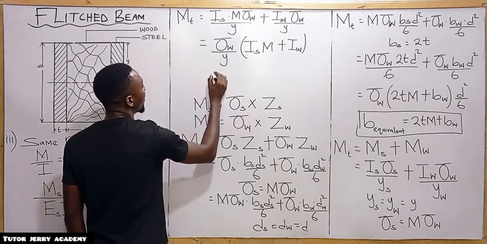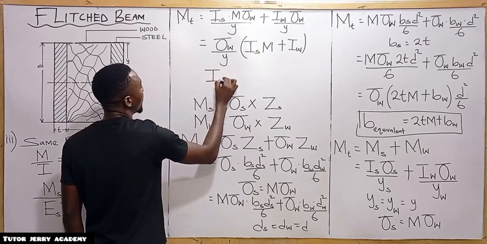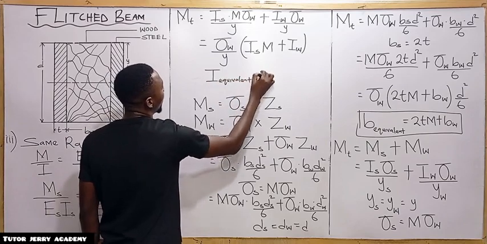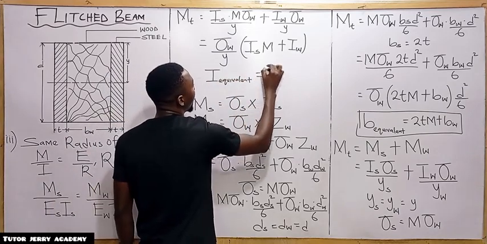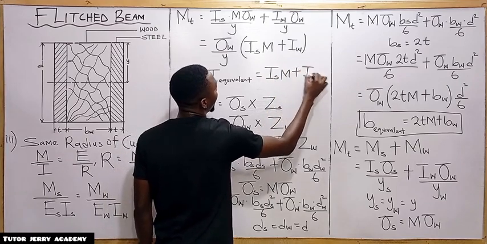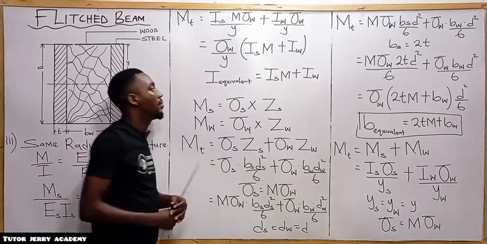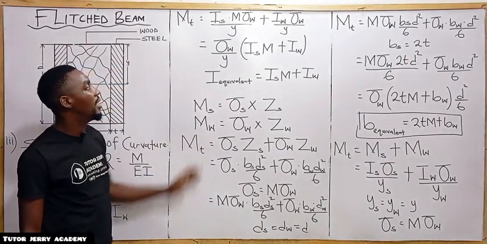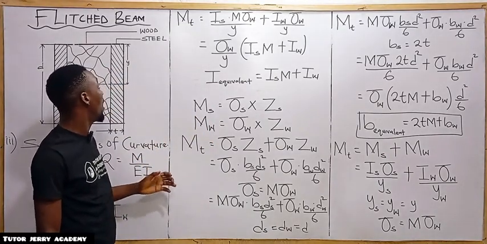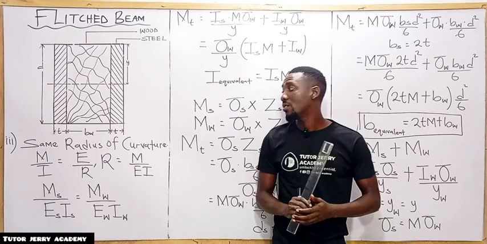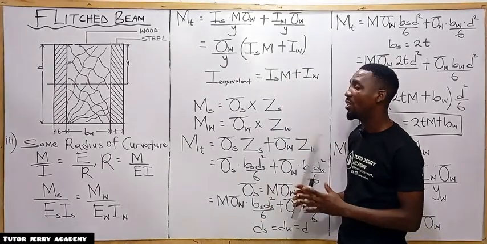So we are going to note that I equivalent is equal to I subscript s m plus I subscript w. So all right, this is everything that you need to take note of in this derivation. So here are all the important derivations you need to take note of.